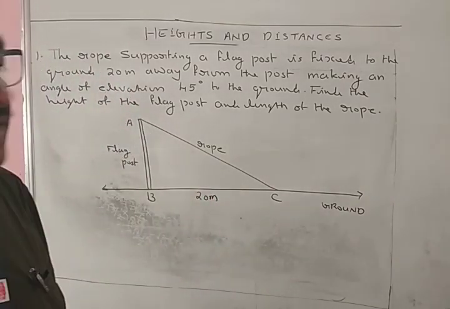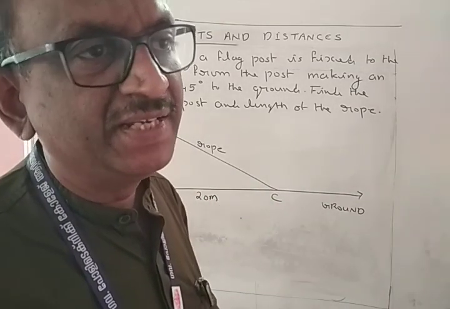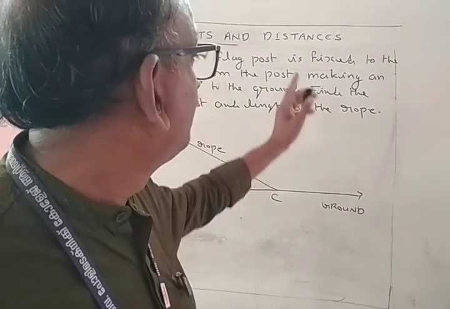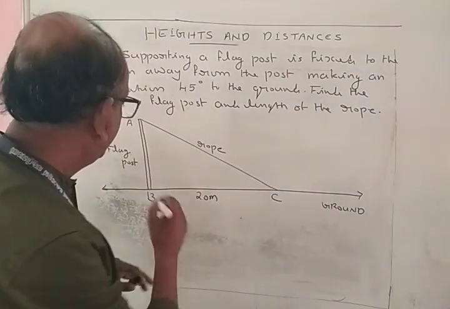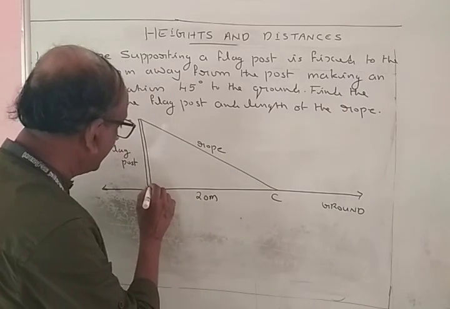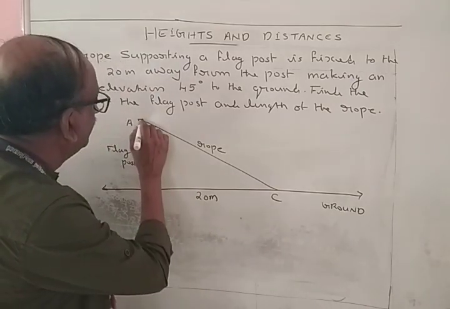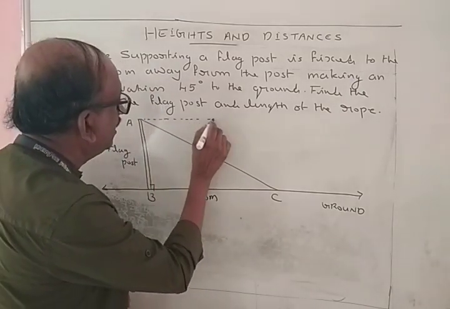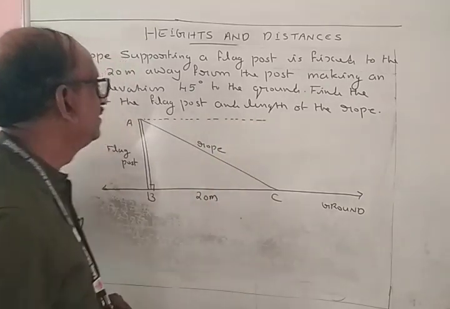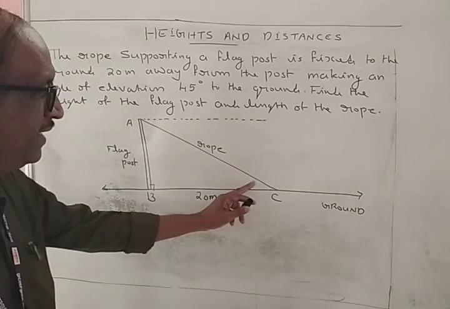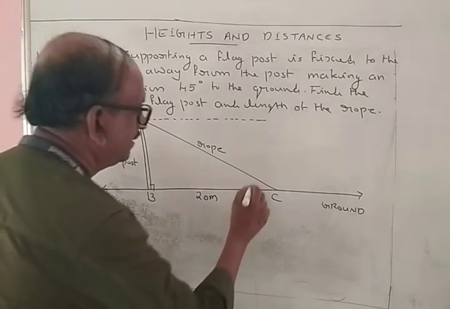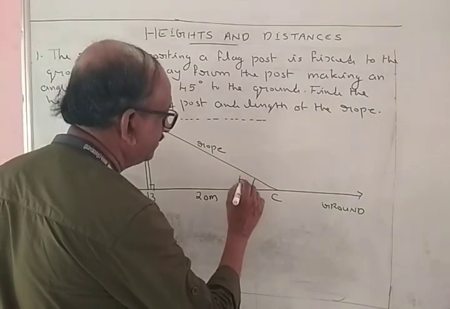And given that the angle of elevation is 45 degree. Here this angle is 90 degree. This is the normal way of vision. This is the angle of depression and this one is the angle of elevation. This angle is 45 degree.